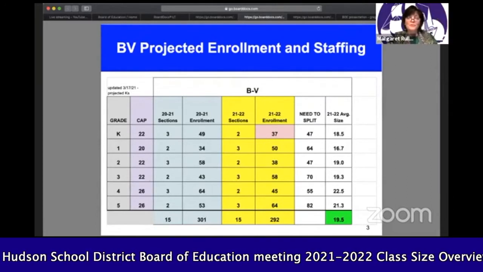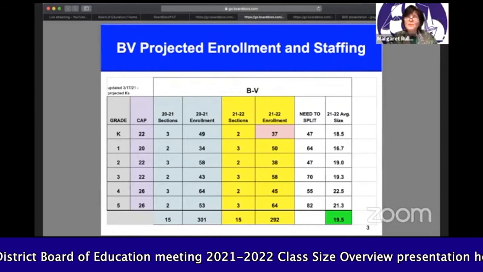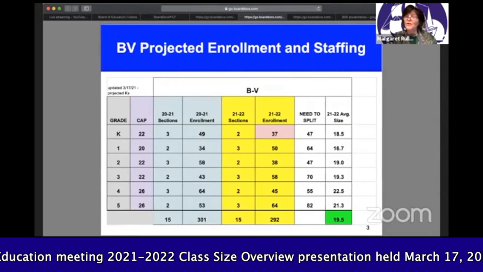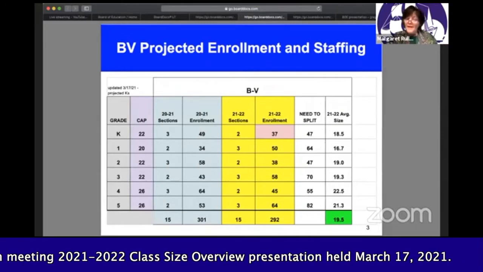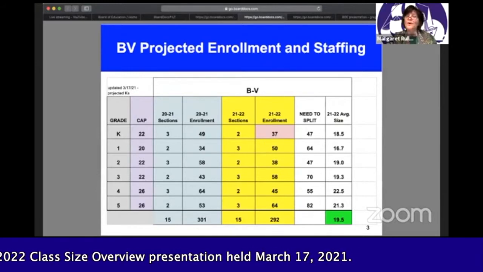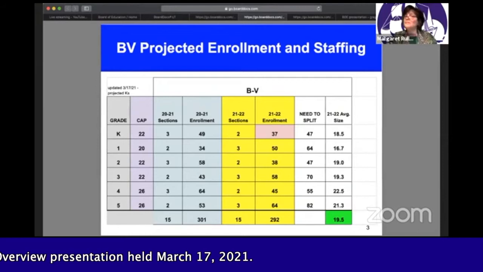And then you see 2 blue columns that represent what BV would actually have looked like if this were a normal non-COVID school year. That is the number of sections they would have had at every grade level and the corresponding number of students who would have been in person with us under a normal set of circumstances.